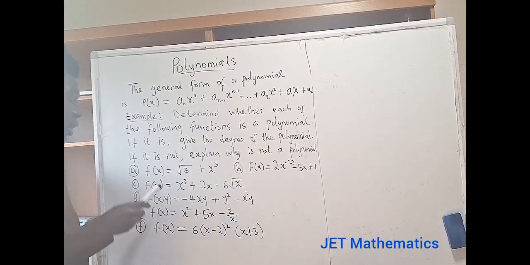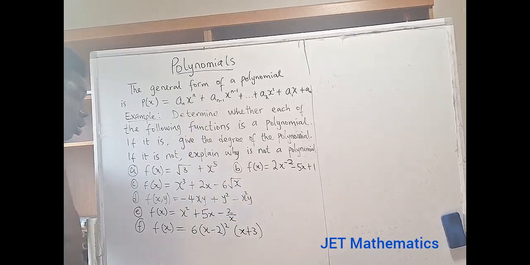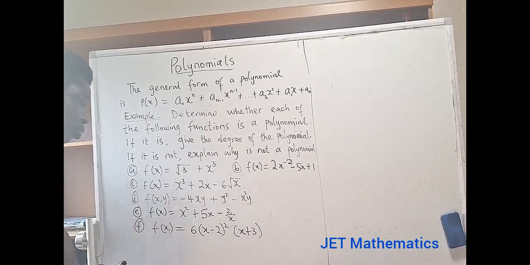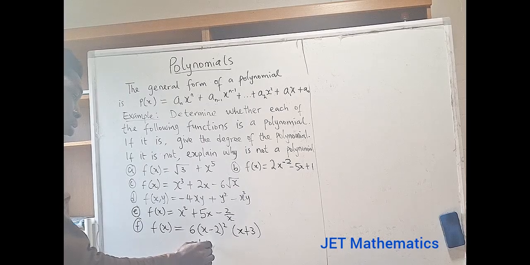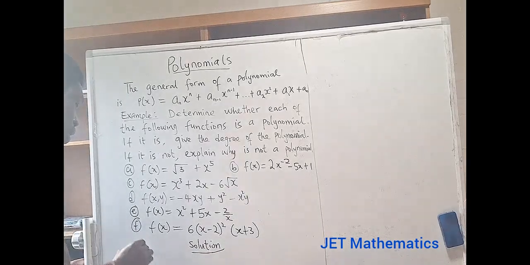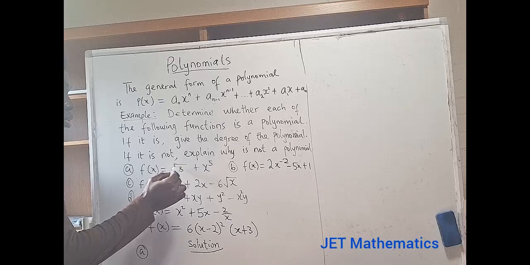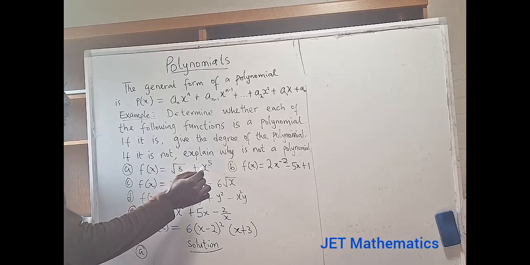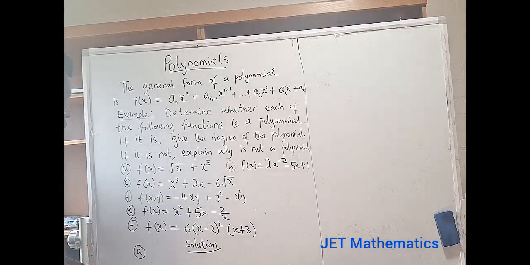So we have this first function on the board, f of x. For number one, or a, f of x is equal to the square root of 3 plus x raised to the power 5. Is this a polynomial or not?